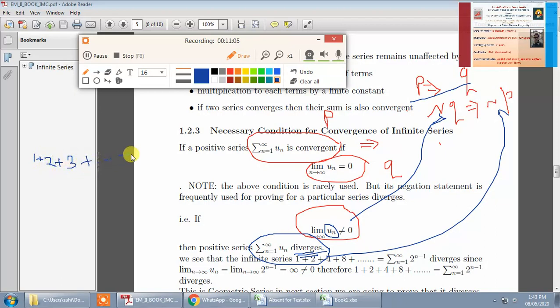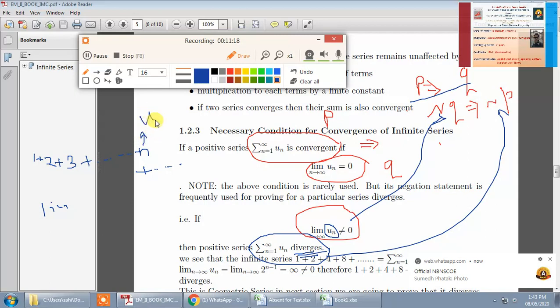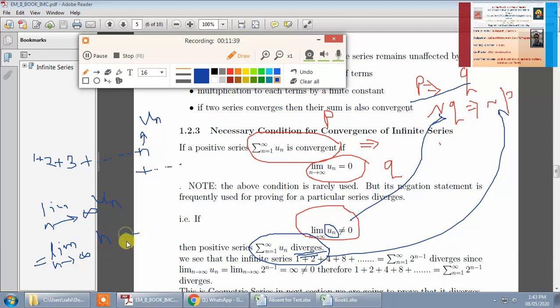This series has nth term equal to n, and this is your un. So limit n tends to infinity un is equal to limit n tends to infinity n, and if you put n equal to infinity, it is again infinity, which is not equal to 0.